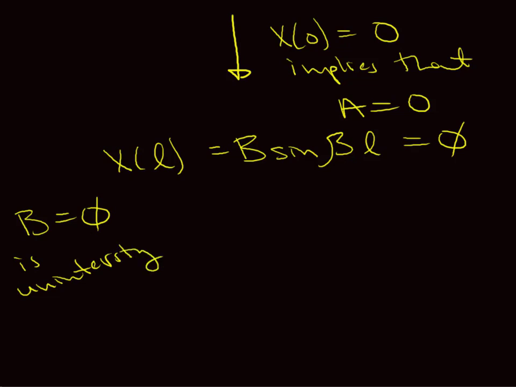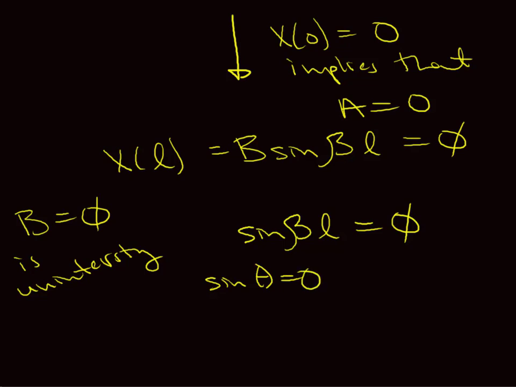is uninteresting. So now what we want to consider is the sinusoidal function. So when is the sine of beta L equal to 0? Well, this is going to happen when we have sine of theta equal to 0.